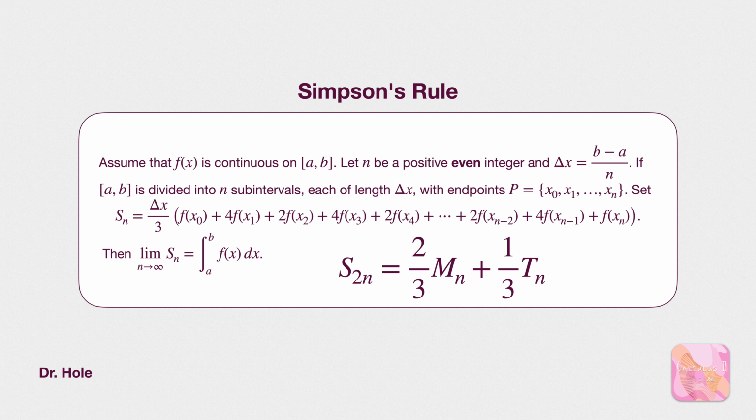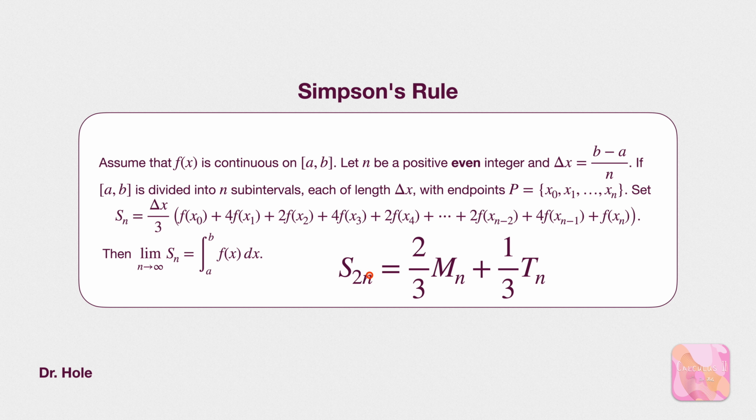And like before, Simpson's rule can be expressed in terms of other rules. Remember that we want n to be a positive even integer, and even integers come in the form of 2n, with n being any counting number.